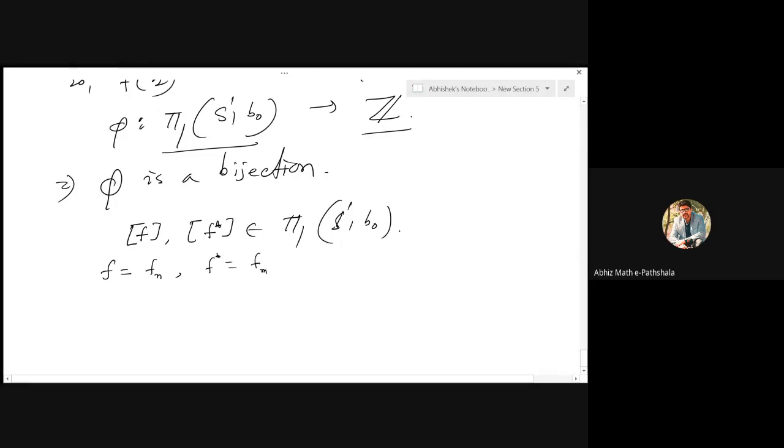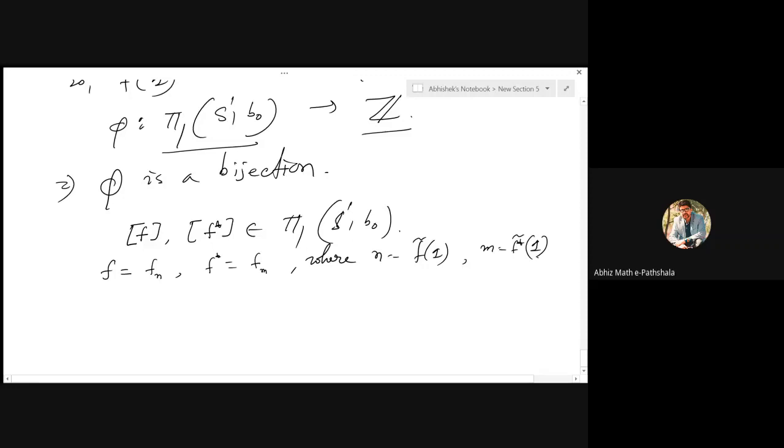That means their liftings will end at n and m respectively, where n is the endpoint of f tilde and m is the endpoint of f star tilde. Right.